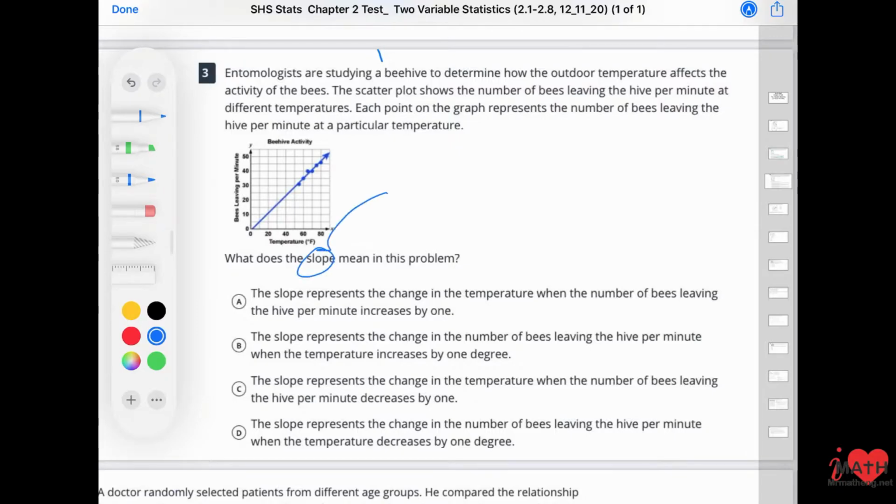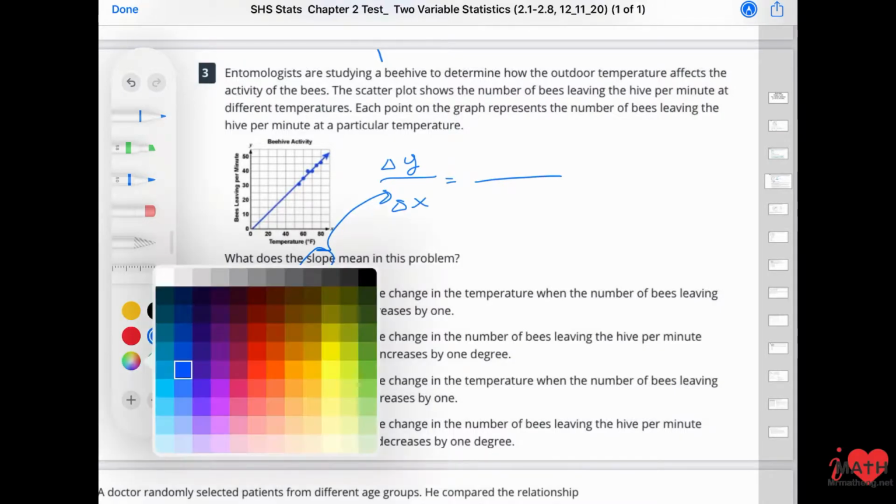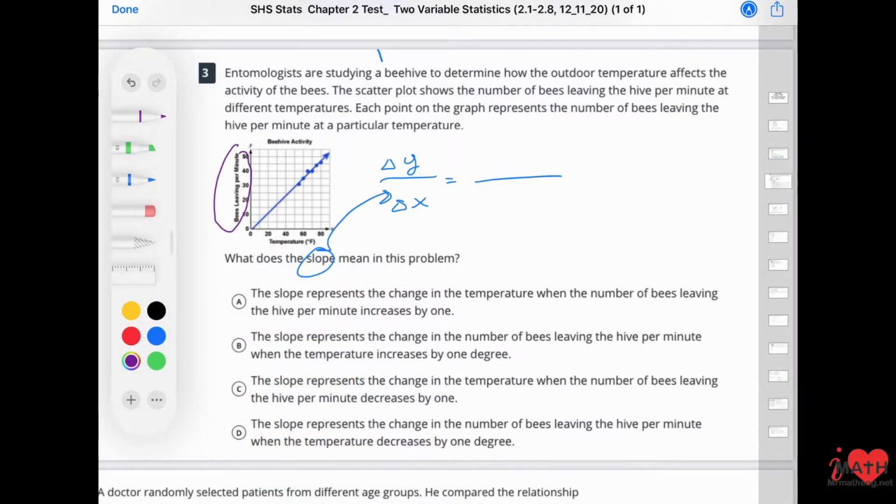So, remember, slope is the change in y over the change in x. If I pick the y variable, that's the bees leaving per minute, and then the x is temperature.